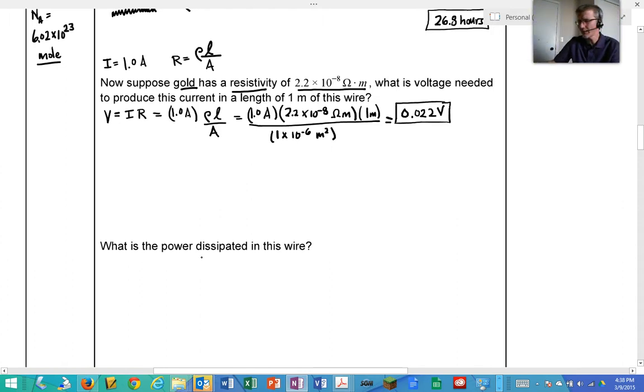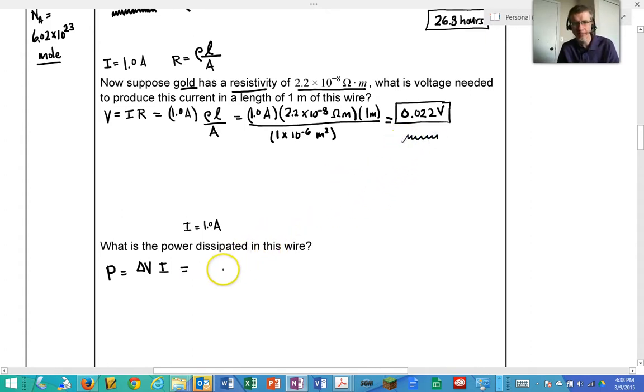So we think that the voltage drop across this wire is going to be the power equals the change in voltage times the current. And we know the current equals 1 amp. I equals 1.0 amps. And we know that the change in voltage is this number right here, 0.022 volts.